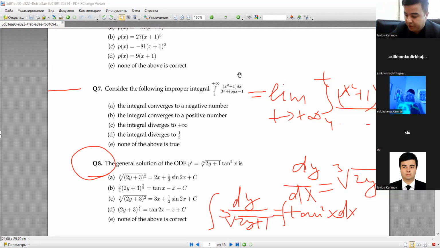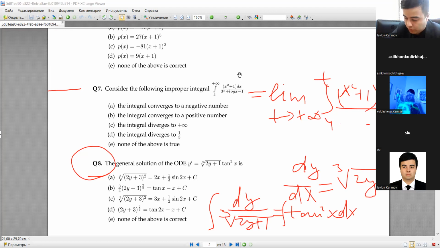Or here we can just expand the function, 3x and logarithm x also. And on top here we have x squared plus 1. But here, logarithm x, we can change with x, for example. And it will be x squared plus 1 dx divided by 3x plus x minus 1.